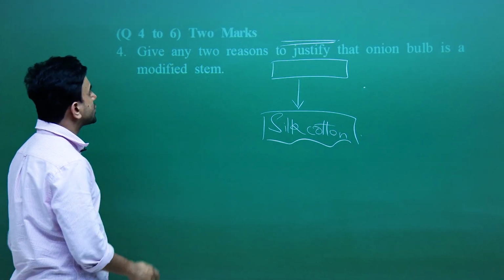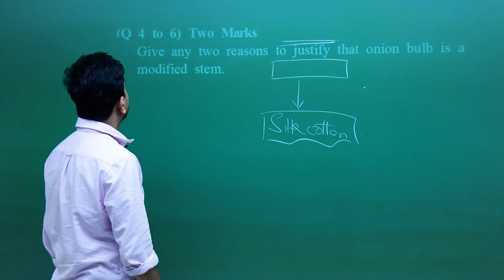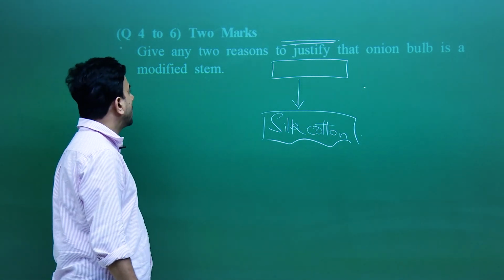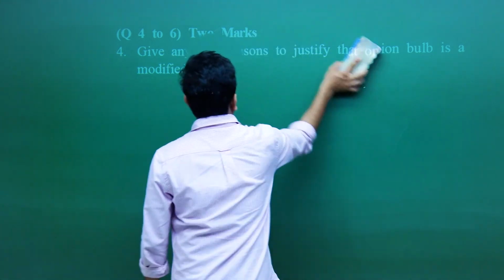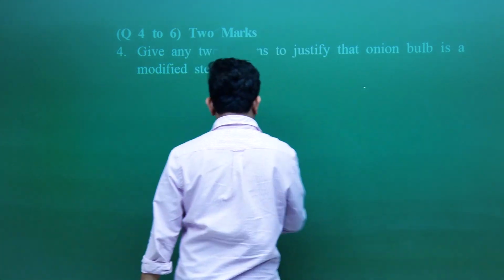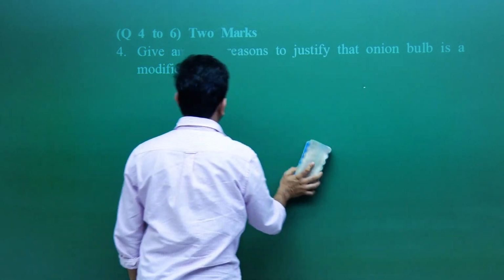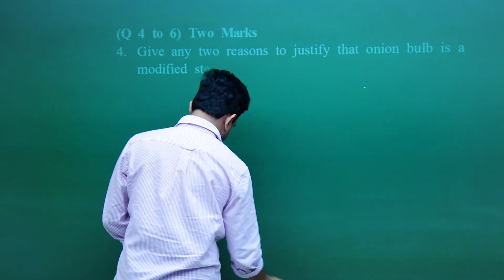Moving on to the next question, give any two reasons to justify that onion bulb is a modified stem. Yes, the onion which we eat is a modified stem.